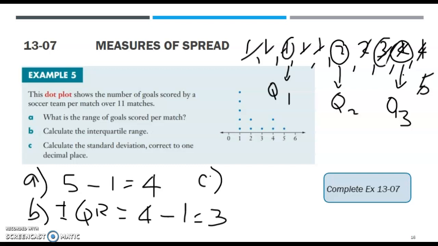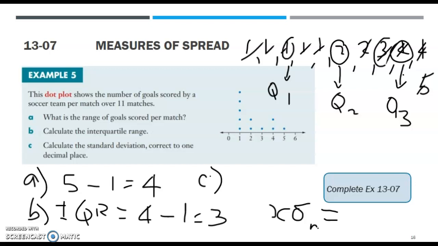When you get to the end, you can press AC, and then you can press shift 1 variable, and then you should see on the screen a symbol that looks like this. And that is the symbol for population standard deviation. And if you press equals after that, you should get the answer to that.